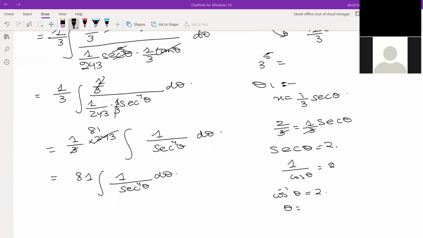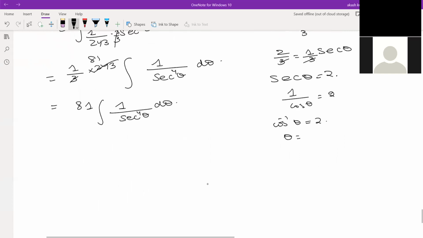sec theta is equal to 2, so theta is pi by 3.